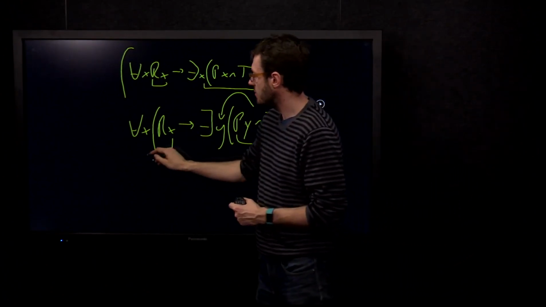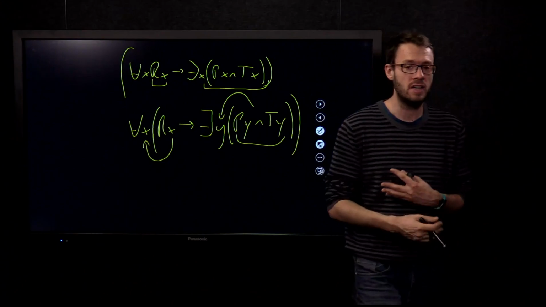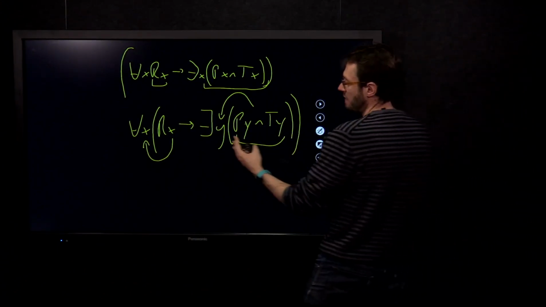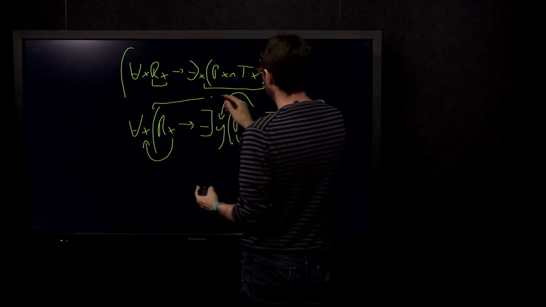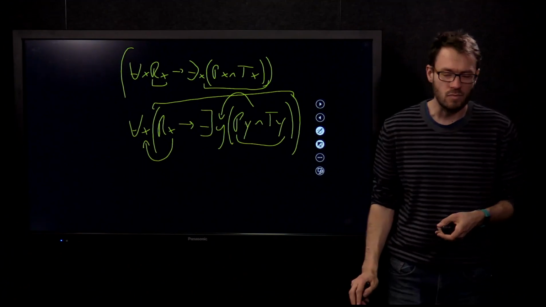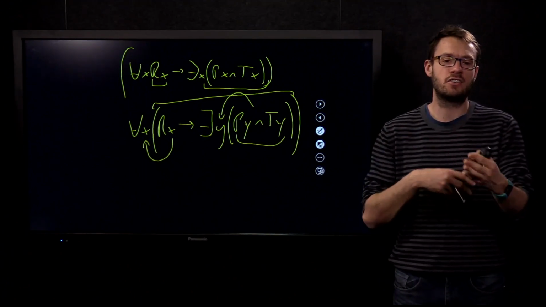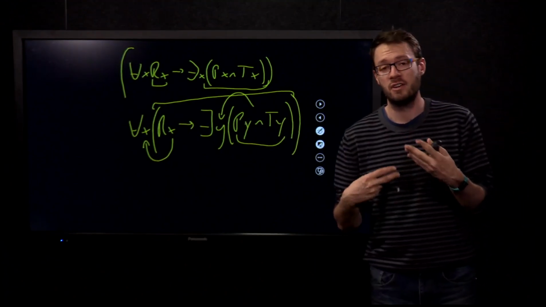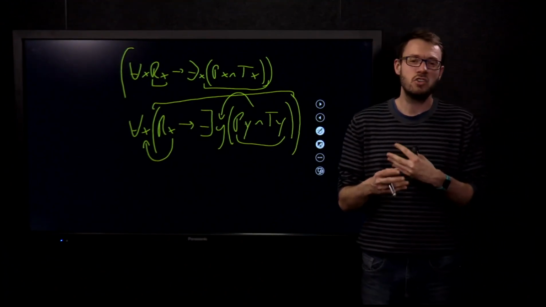And this Rx is also within the scope of this universal quantifier. So that's the same as in the previous case. But in this case, it turns out that everything inside the brackets here is actually also within the scope of this universal quantifier. So what I said a moment ago, that the scope gets soaked up by the first quantifier that it meets, is not quite right.